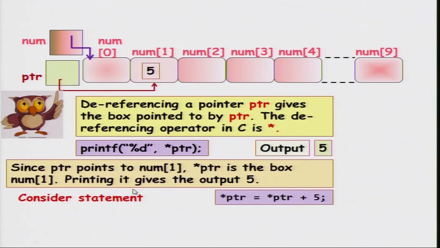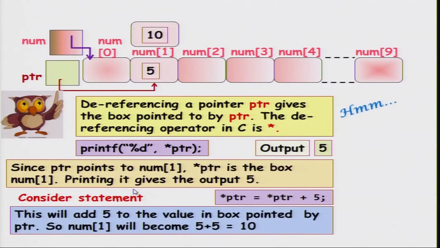Now, can I consider a statement like star ptr equal to star ptr plus 5? This is perfectly legal. What this will do is, star ptr is an integer value, right? It is equal to 5, because we look up the location ptr points to, that is an integer, and take that value, which will be 5. So, this will be 5 plus 5, 10, and where do you store it?